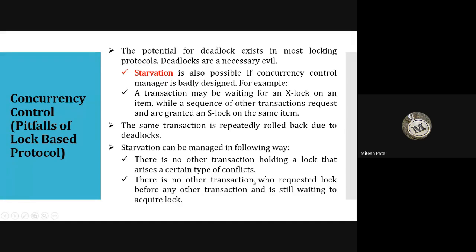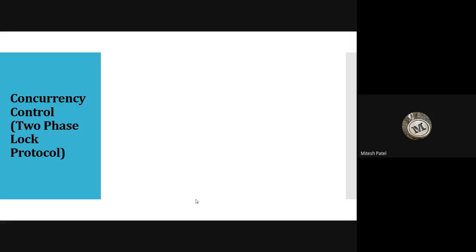Whenever we find any conflicts, if no other transaction is holding a lock, then starvation can be avoided. And there is no other transaction which requested a lock before any other transaction and is still waiting to acquire a lock. Then we can manage the starvation, so we can avoid this starvation.